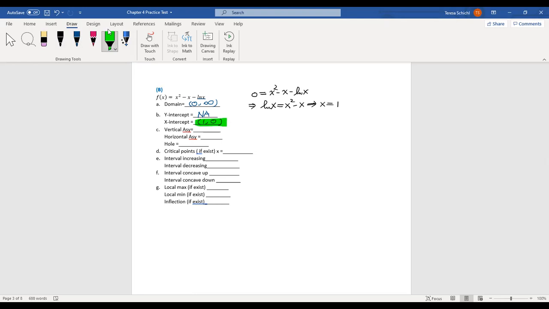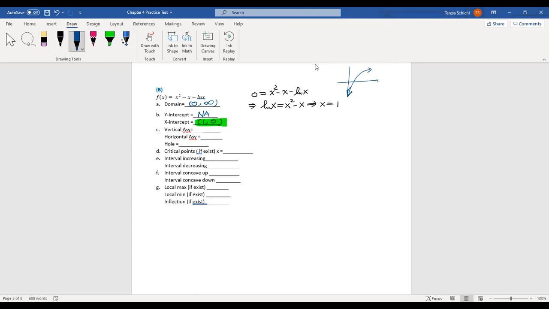Now let's take a look at the vertical asymptote. We know the natural log function is something like this. When x gets closer and closer to 0, the function goes closer and closer to negative infinity.